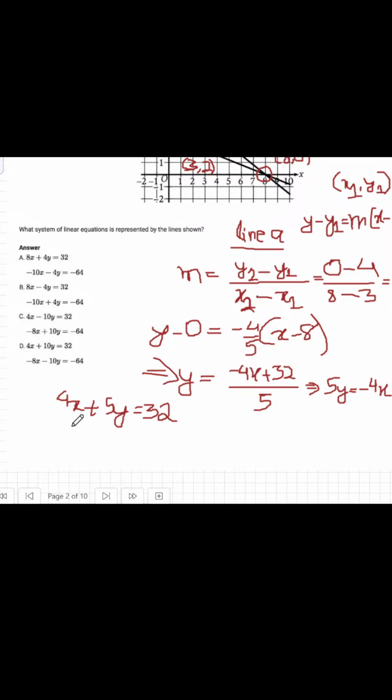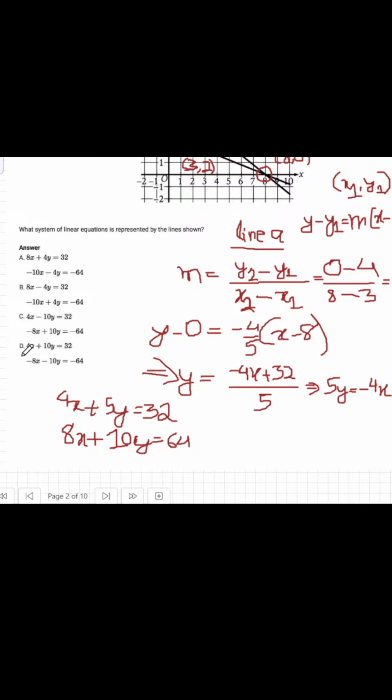So let us do that. 8x plus 10y is equal to 64. Do we have this option here? The options are 8x plus 4y, 10x plus 4y, 8x minus 4y, minus 10x plus 4y, 4x minus 10y, minus 8x plus 10y. Here we have 8x and 10y, but the signs are different. And here we have minus 8x minus 10y is equal to minus 64.